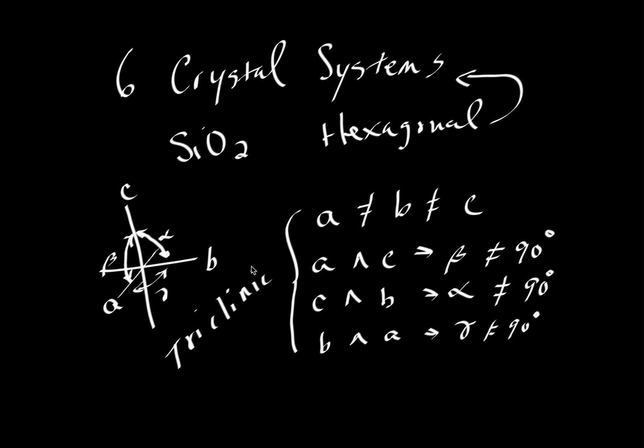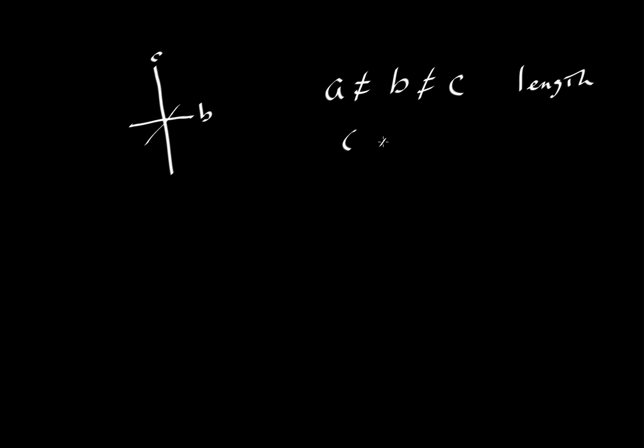And what we'll do is we'll gradually increase the symmetry as we go. So how about the case for C, B, and A all being unequal in length? So A does not equal B does not equal C, and here again we are referring to length. But let's say that C and B are perpendicular. So that is a right angle. We could draw a little square there.